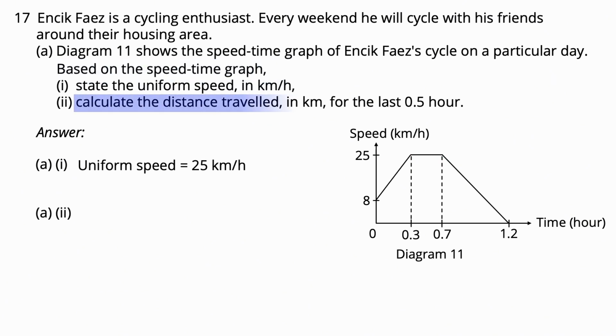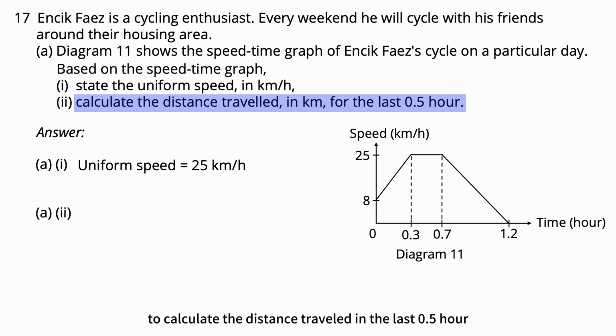2. Calculate the distance traveled in km for the last 0.5 hour. To calculate the distance traveled in the last 0.5 hours, observe the graph from 0.7 to 1.2 hours. During this period, the speed decreases linearly from 25 km per hour to 0 km per hour, forming a triangle on the graph.